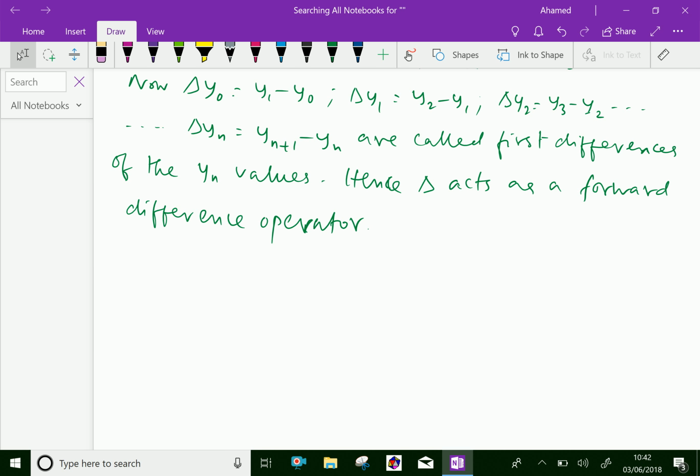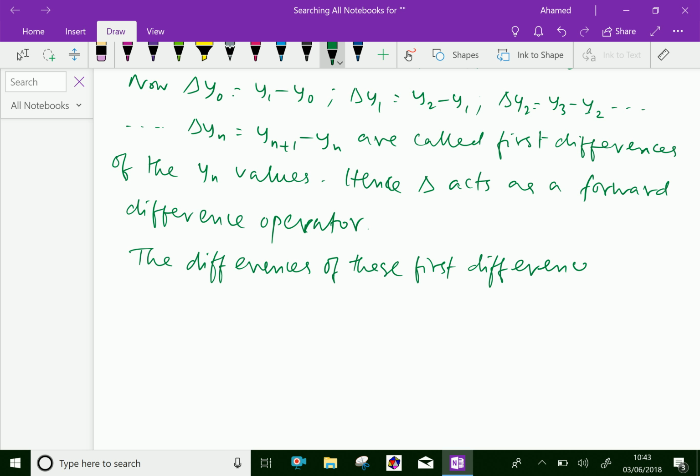The differences of these first differences are called the second differences, and so on.